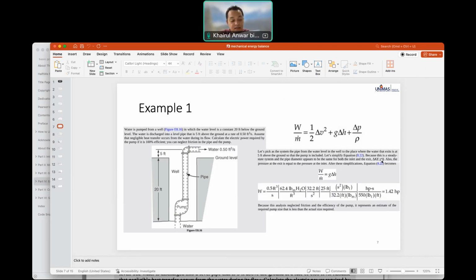Let's pick as the system the pipe from the water level in the well to the place where the water exits, 5 feet above the ground, so that the pump is included. Let's simplify equation 8.22.